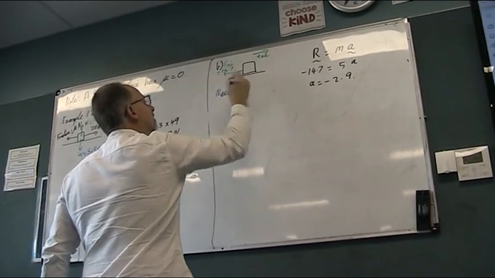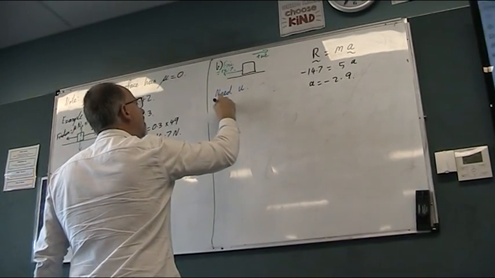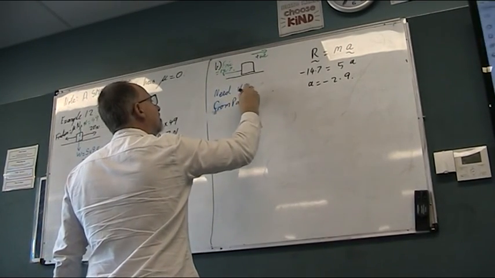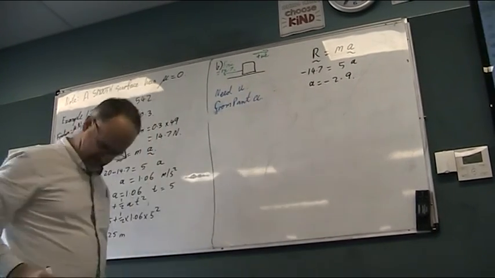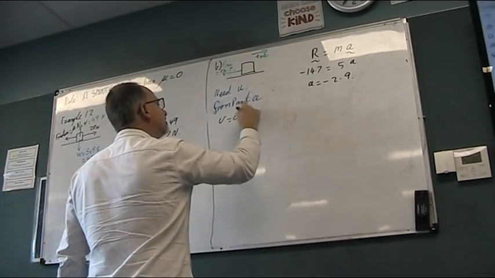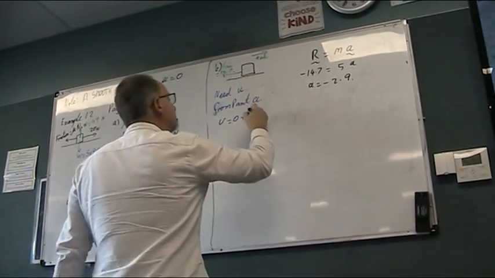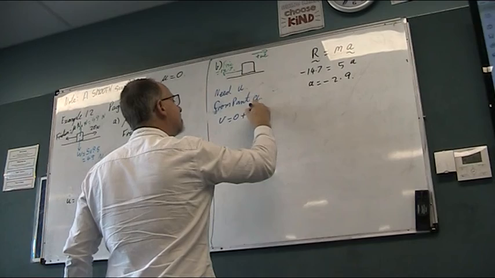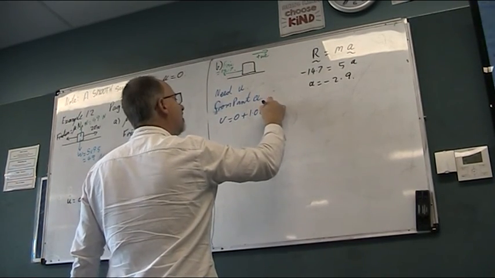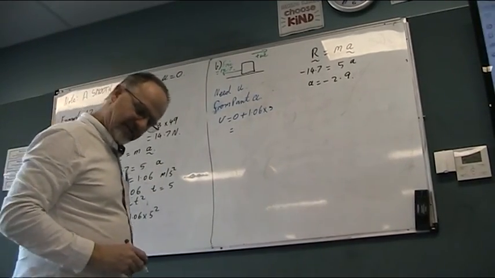So we need u, and from part A, v equals 0 plus at, and a was 1.06 times t, which is 5. We find that the final velocity there was 5.3.